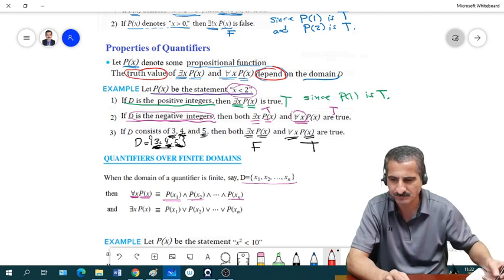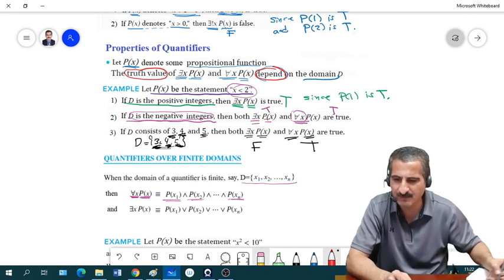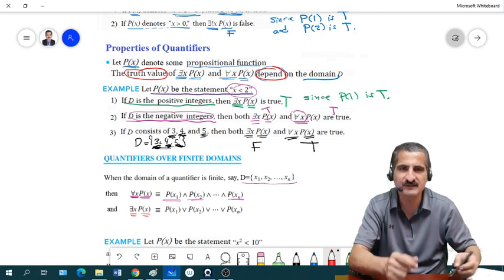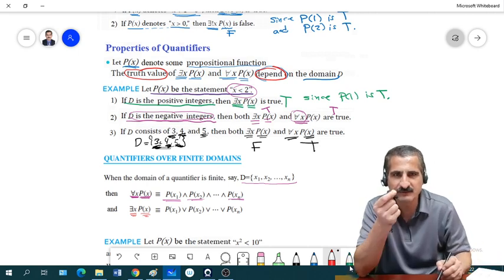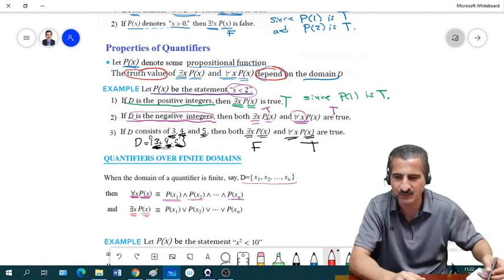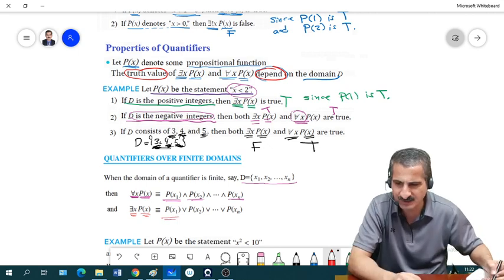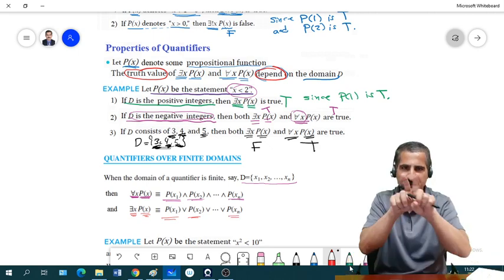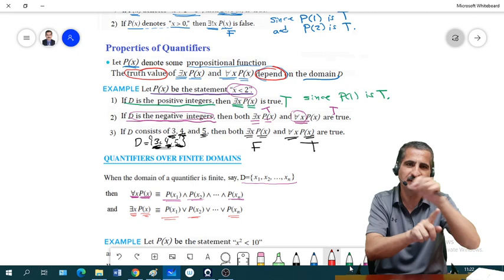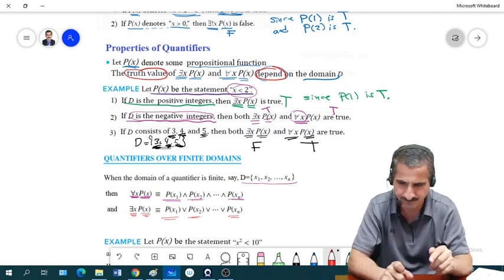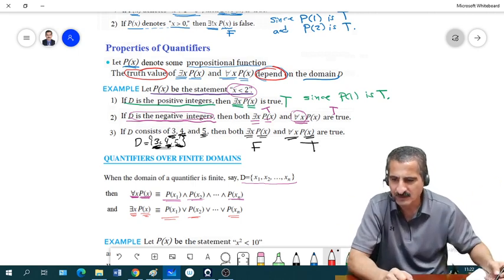Now, the same thing applies for there exists an x such that P of x. If this is true, that means one of the P of xi is true, and that gives a disjunction. We know that if we have a disjunction and we have T at one of the sides, then the whole truth value is T. Good.